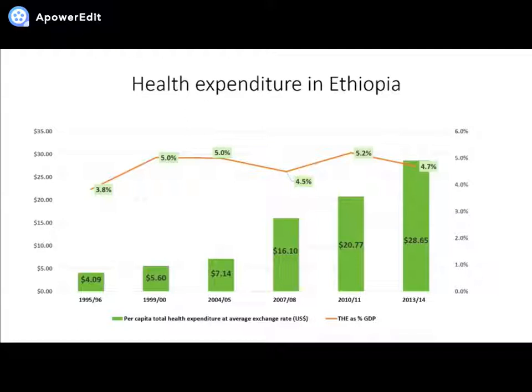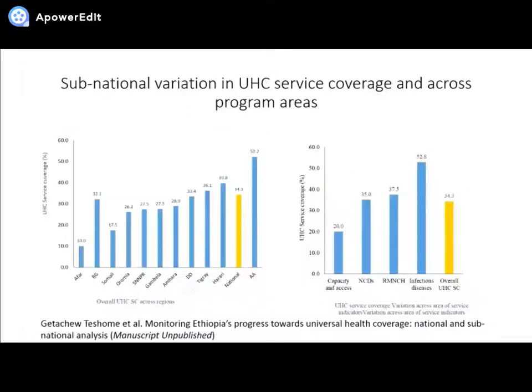So the other price tag estimates can be compared with what's happening in the country and how much is needed in addition to what is going on in the country. And the other issue I want to add is about UHC. Where are we now in terms of universal coverage in Ethiopia?